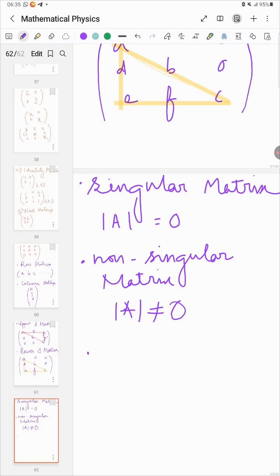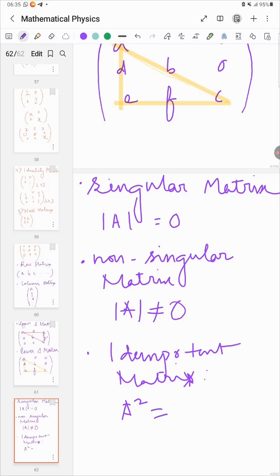Coming to the next variety of matrix, which is idempotent matrix. So what is an idempotent matrix? It is a square matrix such that A square turns out to be A. Then the matrix is said to be an idempotent matrix.